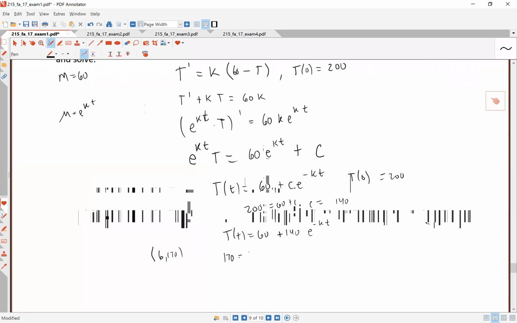So we got 170 equals 60 plus 140 e to the negative 6k. 170 minus 60 is 110, over 140, equals e to the negative 6k. k equals negative 1/6 times the natural log of 11/14.